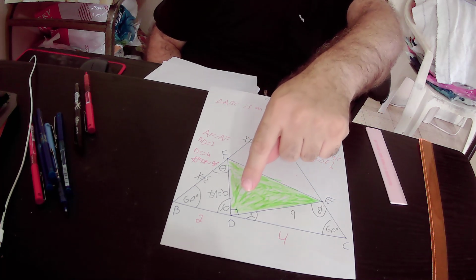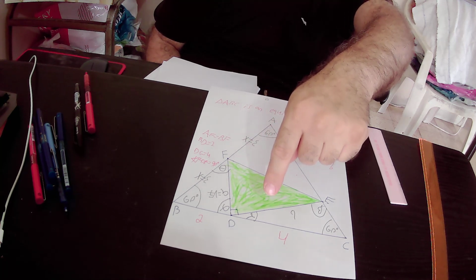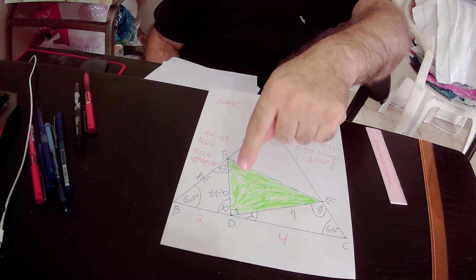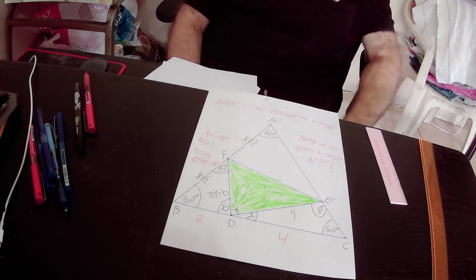That is to say, in point D, alpha plus 90 degrees plus gamma plus 90 degrees plus alpha equals 180 degrees.